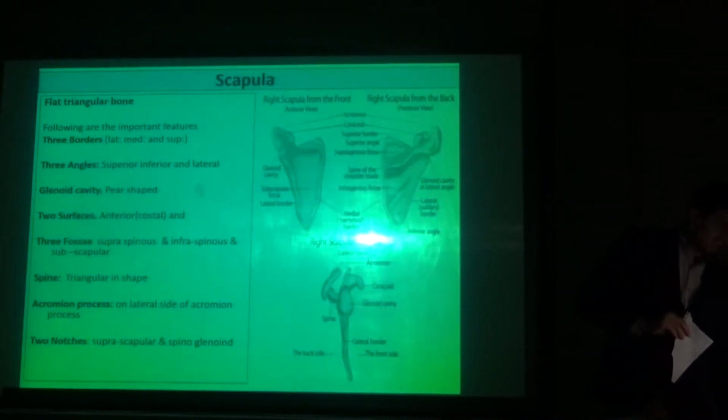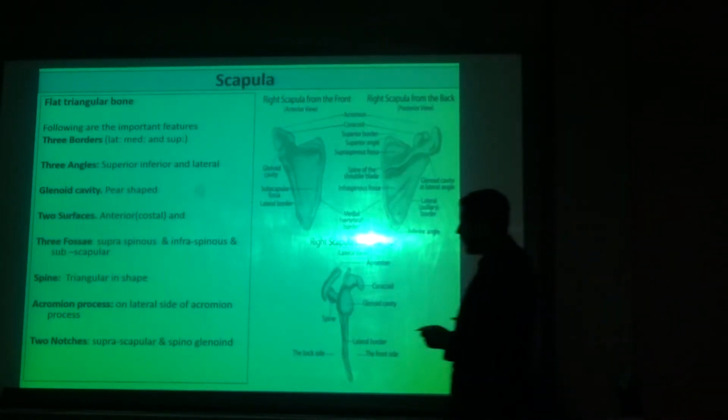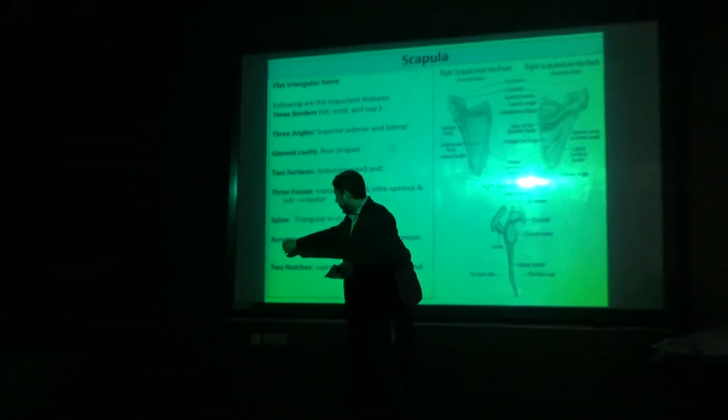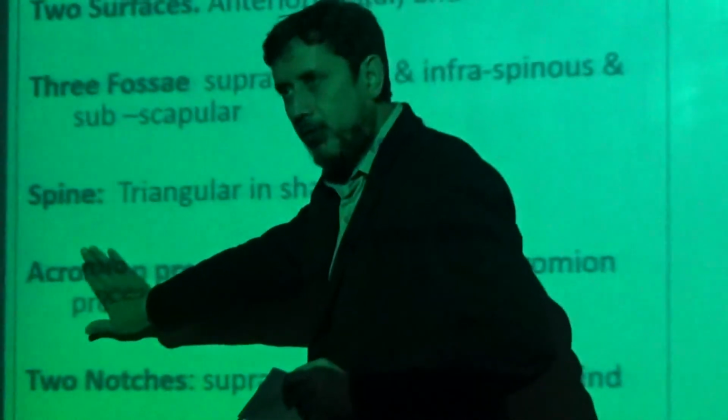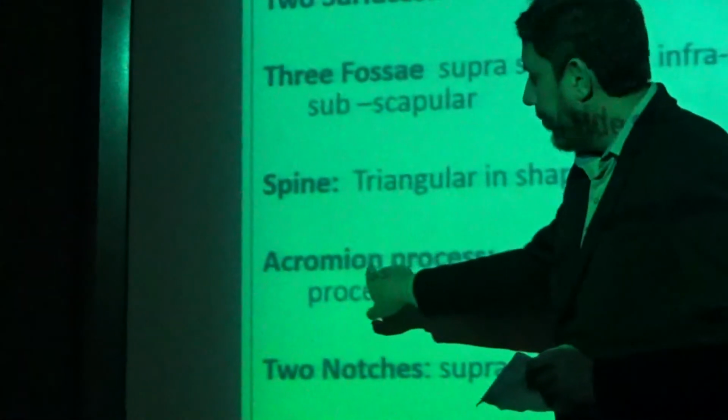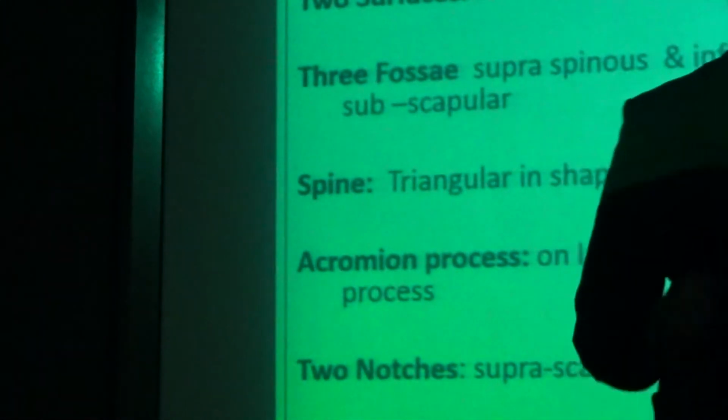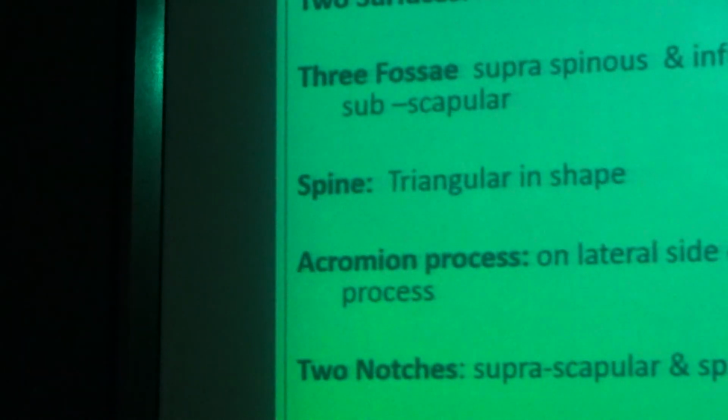We have done most of the things. Look at this. What is written over here? Acromion process. Acromion process is a part of the spine. Where is it present? Above the glenoid cavity.